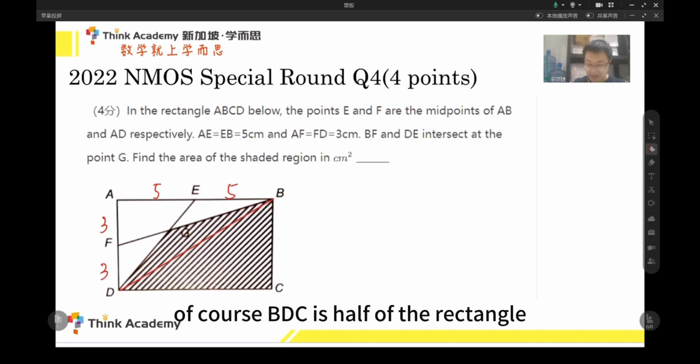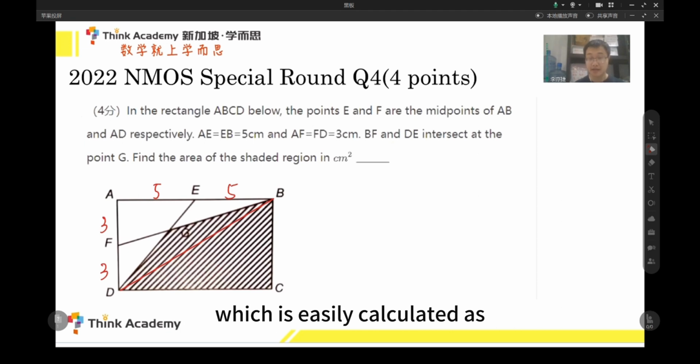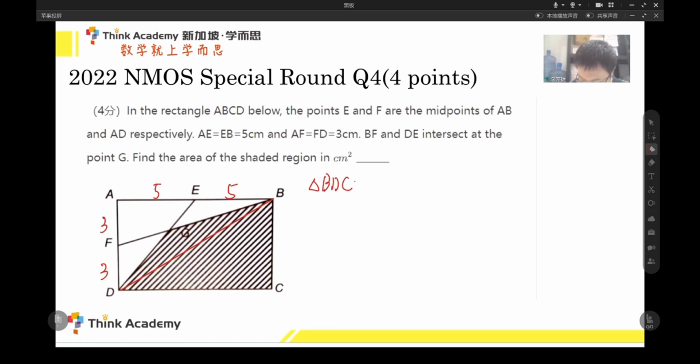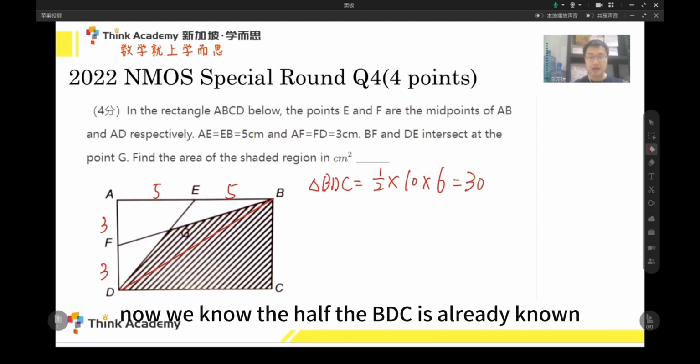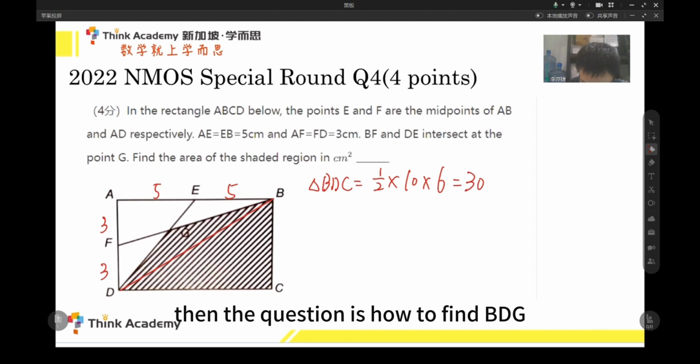Of course, BDC is half of the rectangle, which is easily calculated as half of 10 times 6, right? So it's 30. Now we know the BDC is already known. Then the question is how to find BDG.